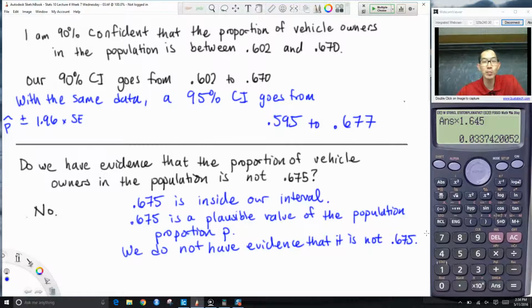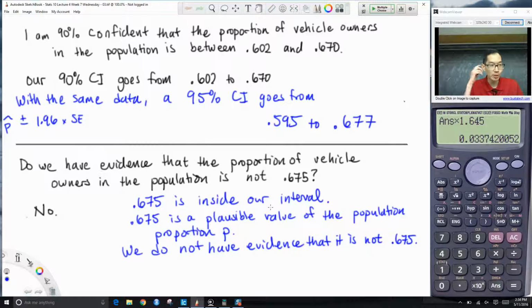If you want to be extra confident before you say yes, we have evidence against something, in this case, if we want to be 95% confident, we would have to say, no, I'm not ready to reject this number 0.675. If we're willing to be less confident in our answer, we can say, I am ready to reject 0.675.